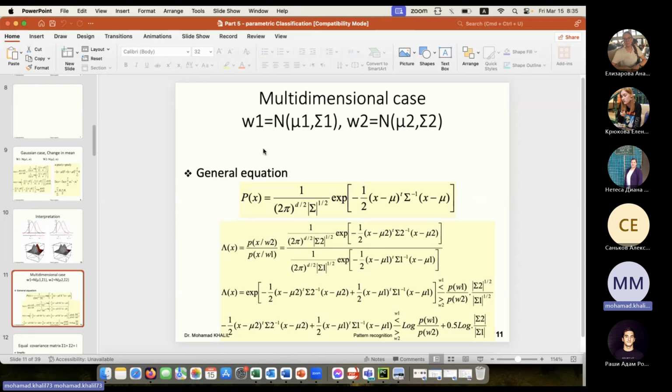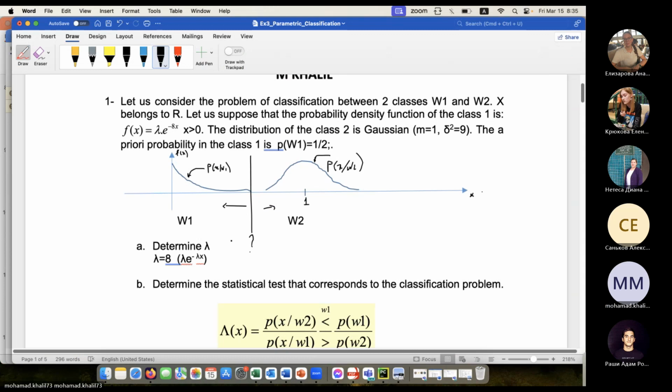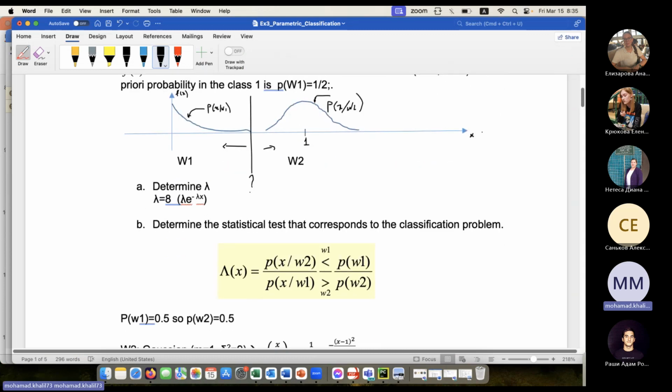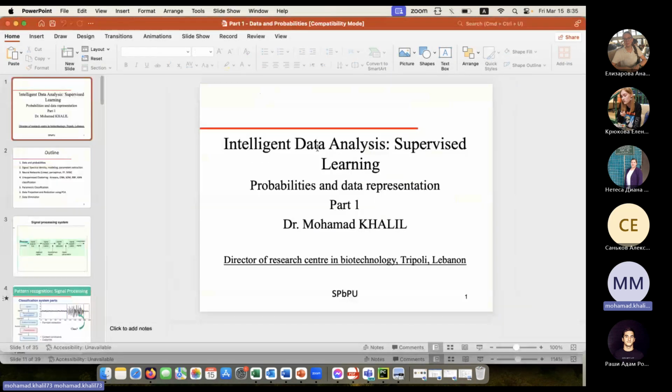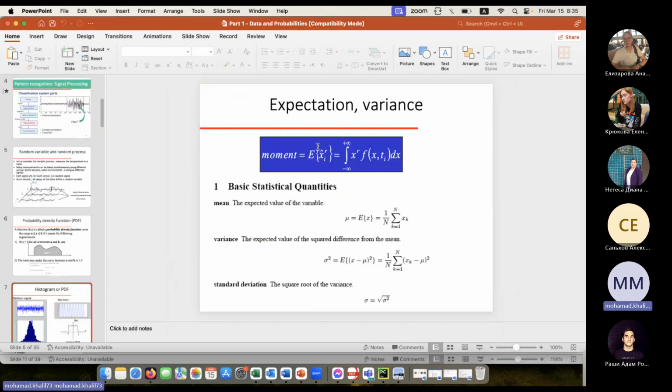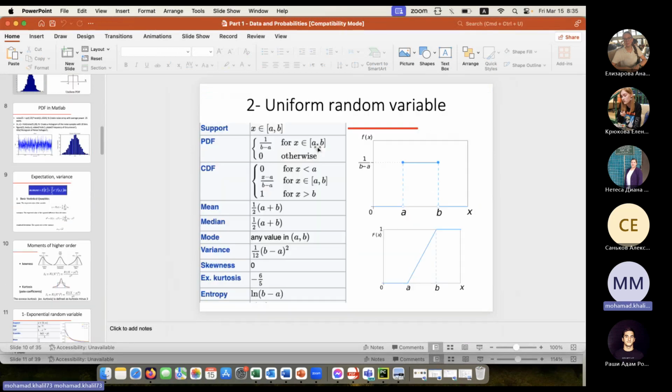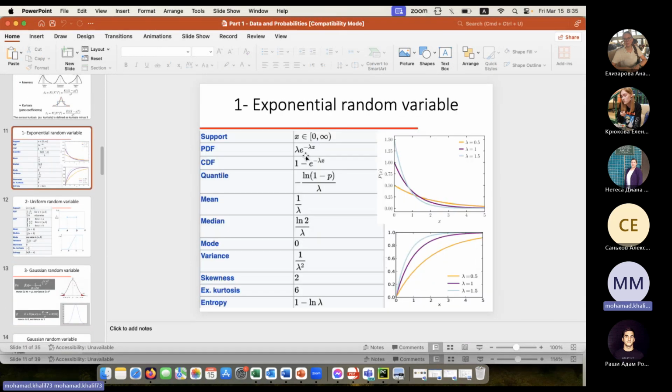Let's make the solution. First, determine lambda. In the first chapter, when we did the part on probabilities, remember that the equation of the exponential is lambda exponential minus lambda x.